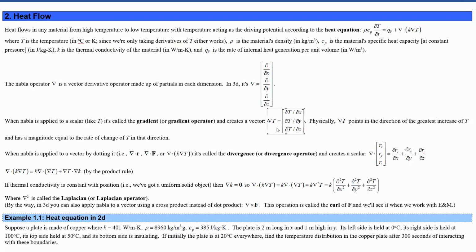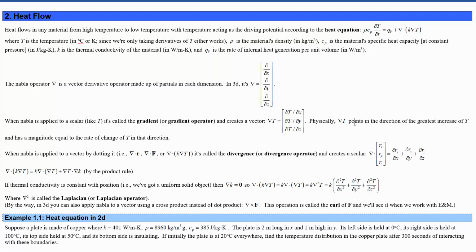In addition to that, the magnitude of the gradient is how fast it's increasing in that direction. So directional derivative is a concept that tells you for a given direction how the function is changing in that direction, and the greatest directional derivative of a function at any point is in the direction of the gradient.